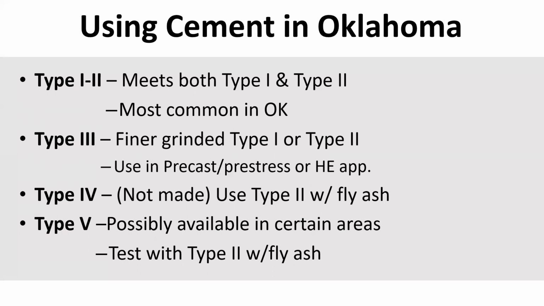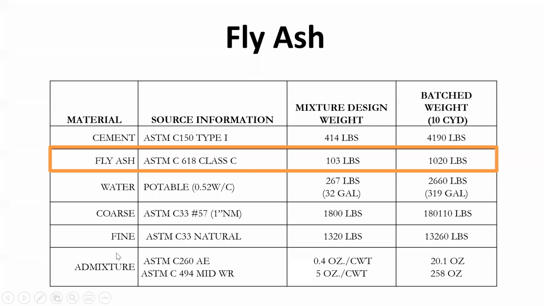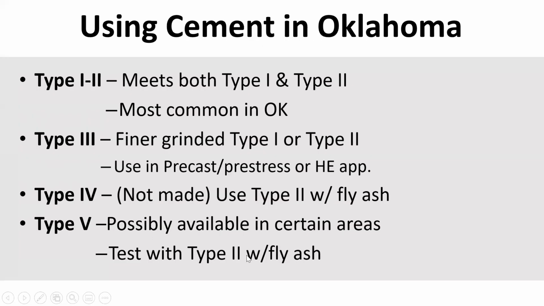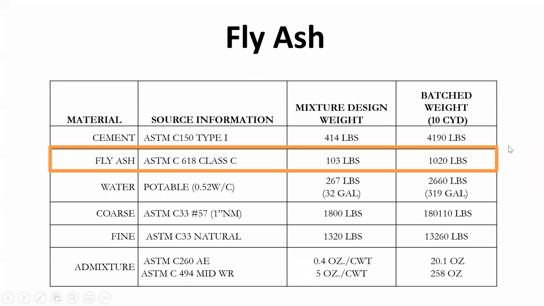From what I understand, unless they've changed their fillings, neither one of them really wants to have a type 5 cement in their silos. They'd rather just sell you a type 2, and then use fly ash and do some testing with it, because it really messes with their silo spaces. But they could change.